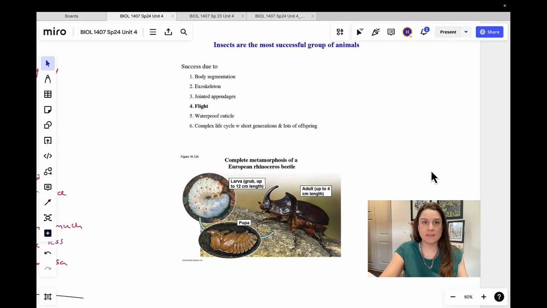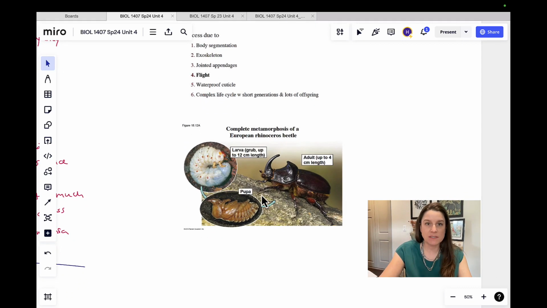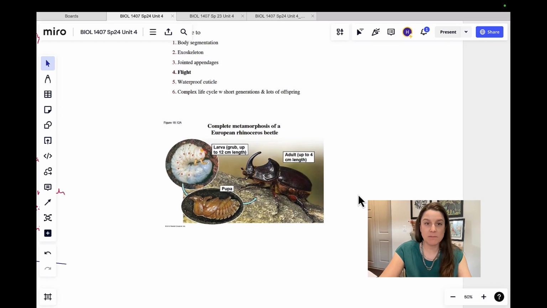If we're thinking about insects as the most successful group of animals, as we mentioned, it's not just about adapting to living on land. We can have other things as well. So flight, we mentioned, with the ability to move in different ways. But then also this complex life cycle, so often metamorphosis in insects.